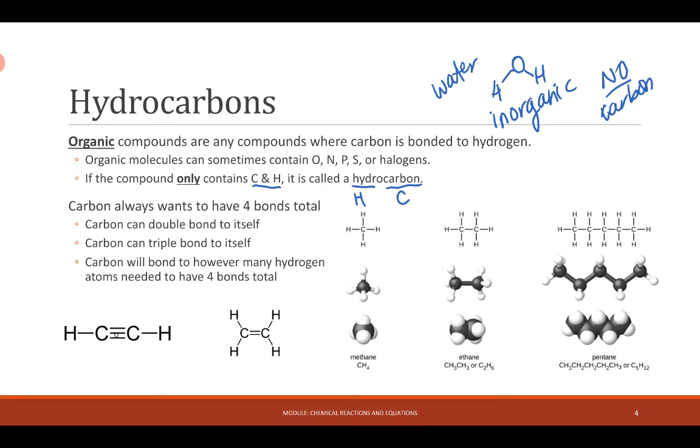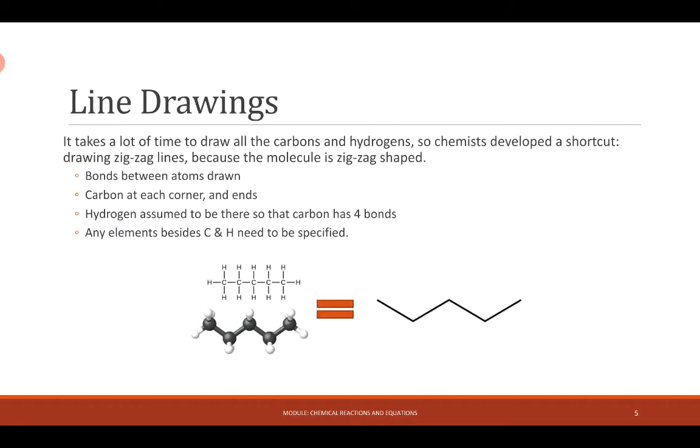Carbon can triple bond to itself or double bond to itself. And so these are examples of how carbon still has 1, 2, 3, 4 bonds. And so then it would just need 2 hydrogens since 2 of those bonds are to another carbon. But the goal is that carbon always has 4 bonds total.